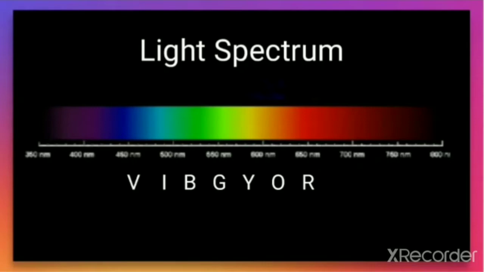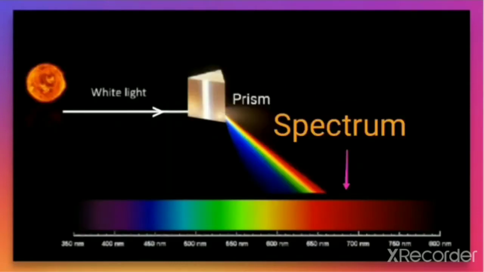Because when light is passed through a prism, the red color, which has the longest wavelength, is deviated the least, while the violet color, which has the shortest wavelength, is deviated the most. Because of this, it splits into different colors, and this series of color bands is known as a spectrum.